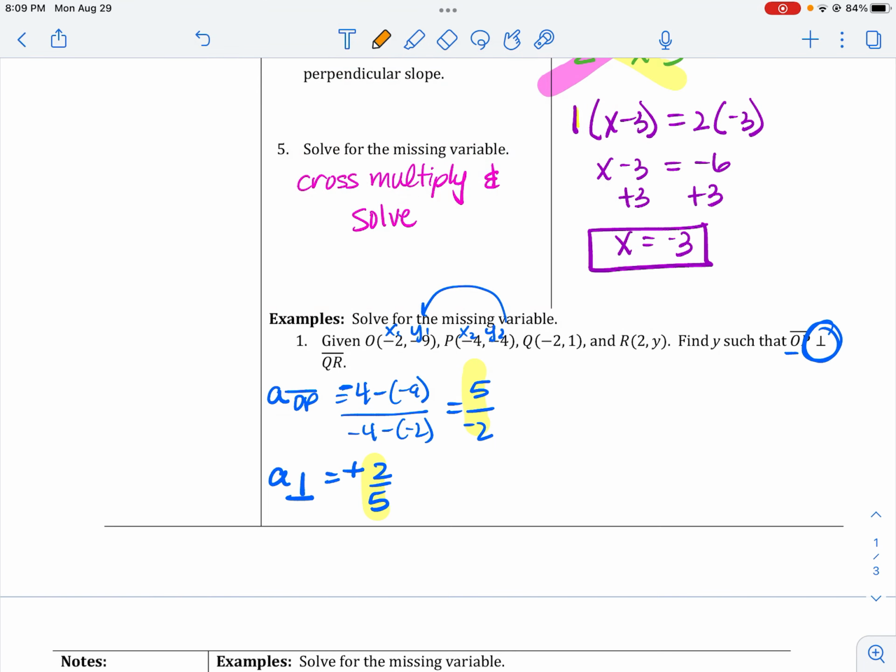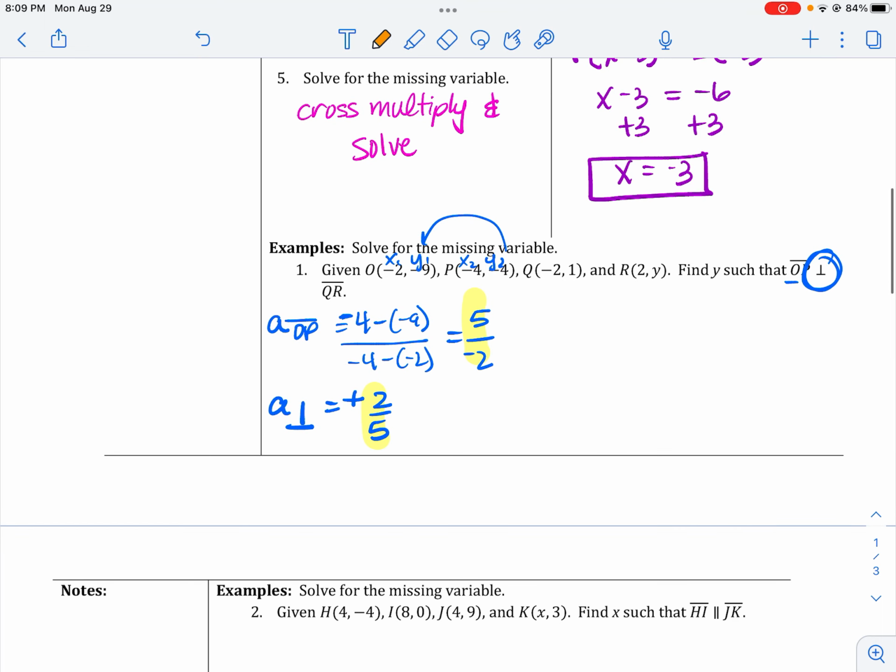So now we're going to set up the other line, QR. So we're going to find the slope of QR. So that's x1, y1, x2, y2.